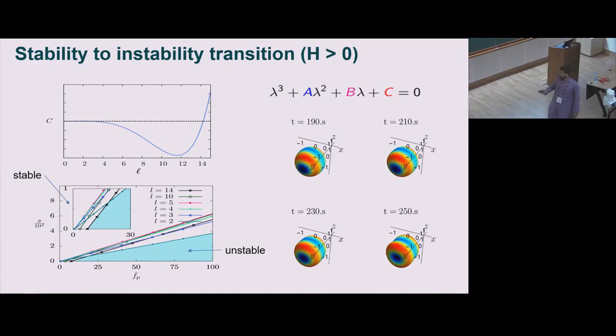If C becomes negative, then you have at least one positive eigenvalue. And you note, if we plot with L, that means harmonics, only some of them are unstable. So that instability will lead to pattern formation, and C equal to 0 will be the phase boundary.